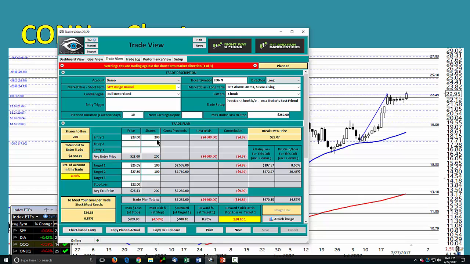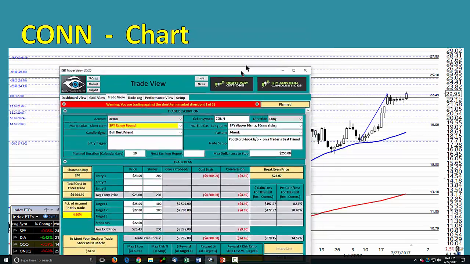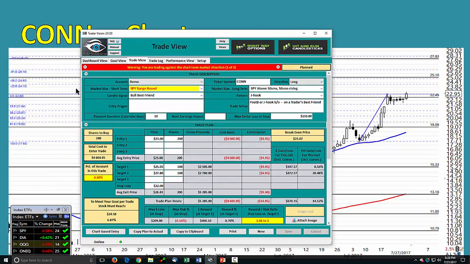If we buy 200 shares, we don't even buy the full 240. We just buy 200 shares. We sell half of them just before this first resistance line, and you'll have to trust me, there's resistance over to the left. That's going to give me only 8.5%.